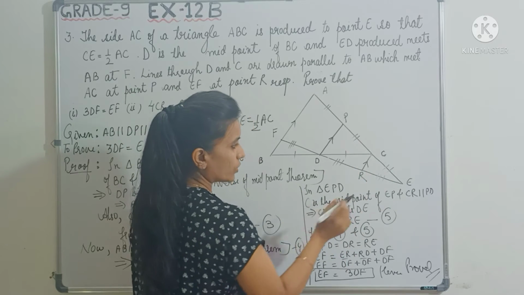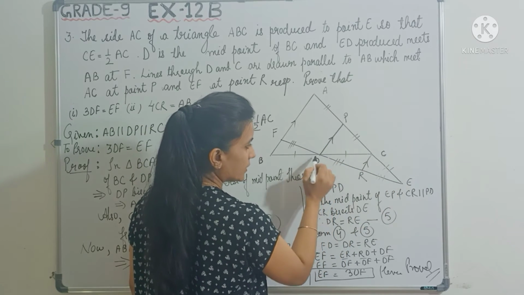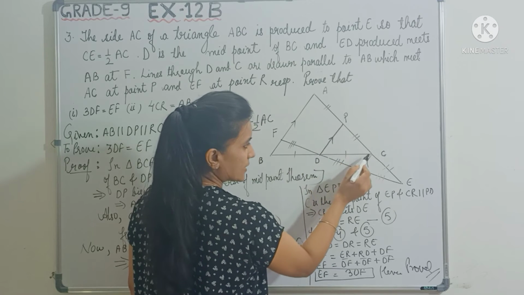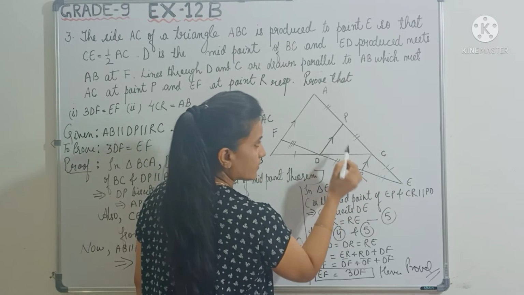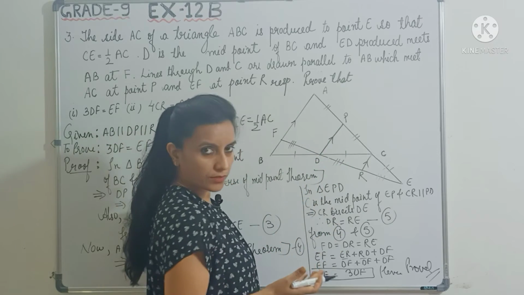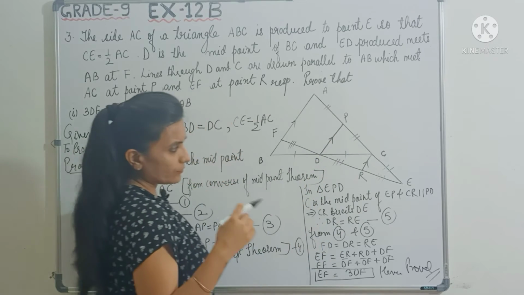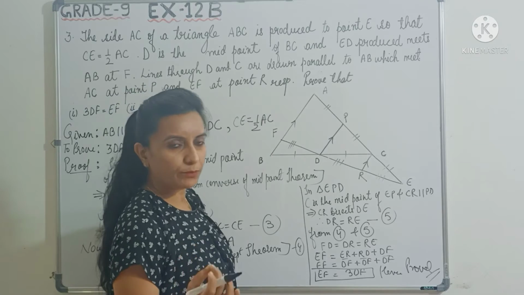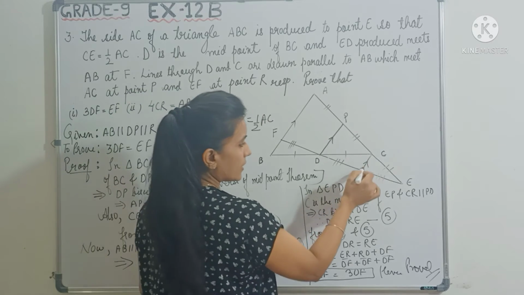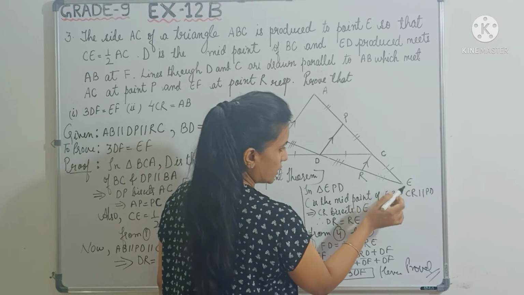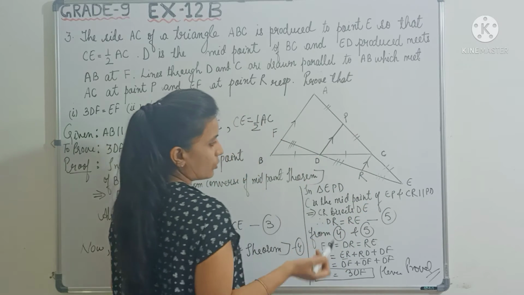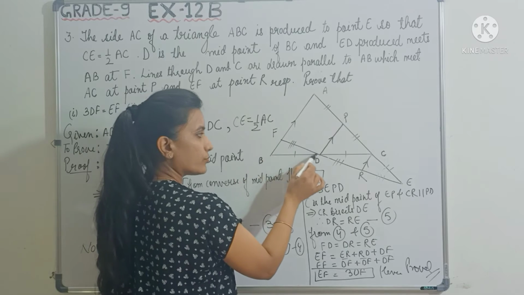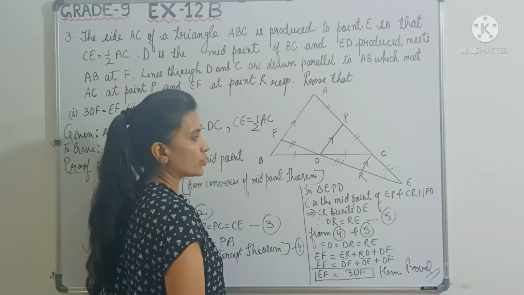So for that we took triangle EPD. In this triangle, C is the midpoint of EP and CR is parallel to PD. This is given, right? So again, from converse of midpoint theorem, CR will bisect DE. So ER will be equal to RD. So this shows that these three parts will be equal to each other.